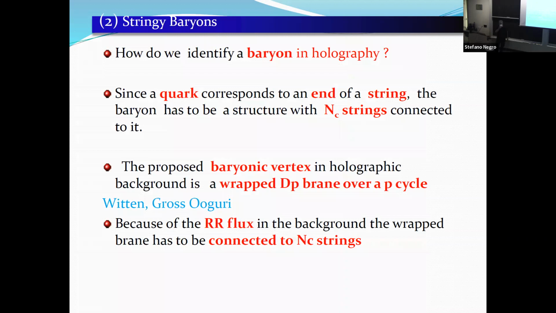Very cool. Just want to make sure, are you saying the 10-dimensional solution does not have a Ramond flux? Well, I'm saying that now I move to the 4 dimensions, which is flat 4 dimensions with no Ramond and nothing but ordinary strings in this flat 4 dimensions. Yes, but the original 10-dimensional solution does have.